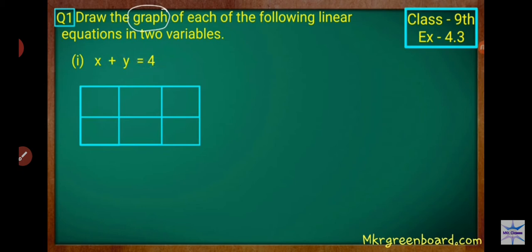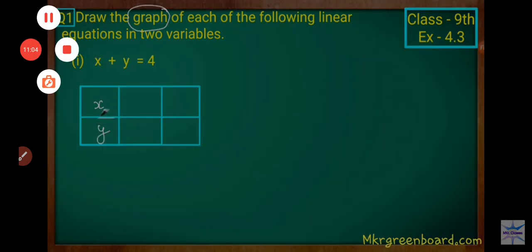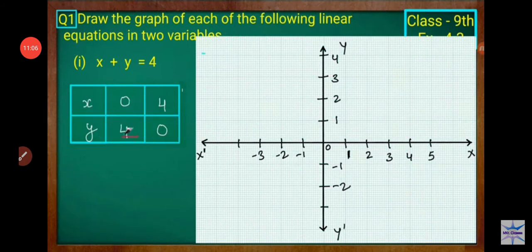Okay, so see, draw this type of table, x and y. Put the value of x. Taking x = 0, y = 4, and x = 4, then y = 0. Okay, now take a graph paper and plot the points.